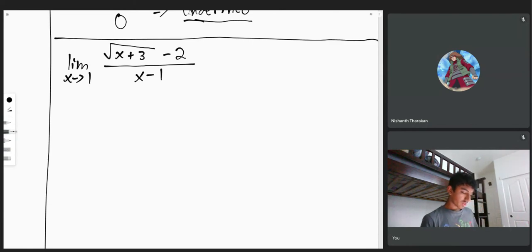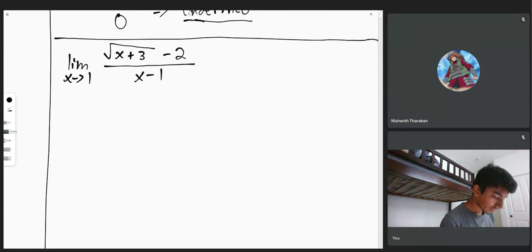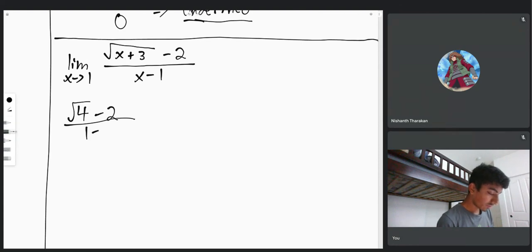So let's first do evaluation. Root 4 minus 2 divided by 1 minus 1 equals 0 over 0. Which means we can use conjugation to solve this.